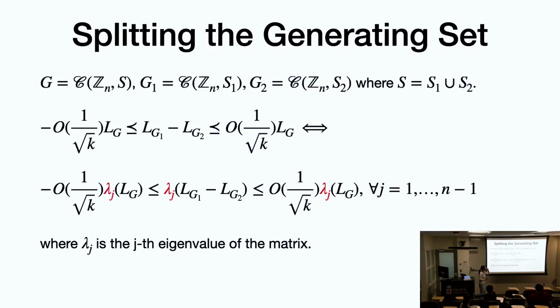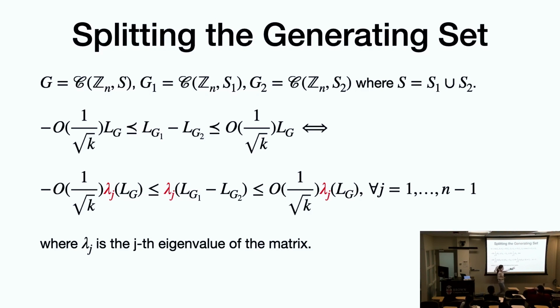Okay, more specifically, we want to split this generating set S into two symmetric sets, S1 and S2, such that this inequality holds. Equivalently, we want for every j from 1 to n minus 1, the jth eigenvalue of LG1 minus LG2 is upper bounded by some constant over root k times the jth eigenvalue of LG, and lower bounded by negative of this number.